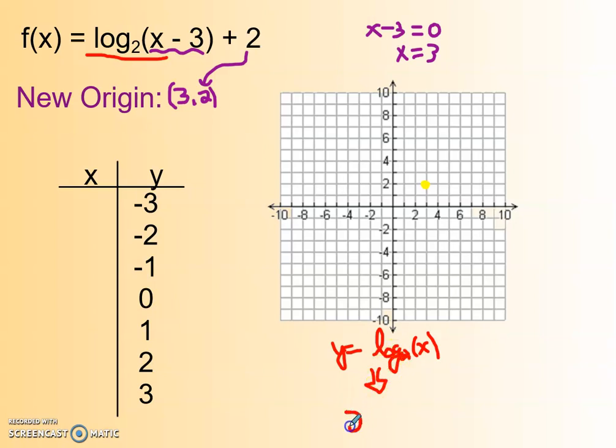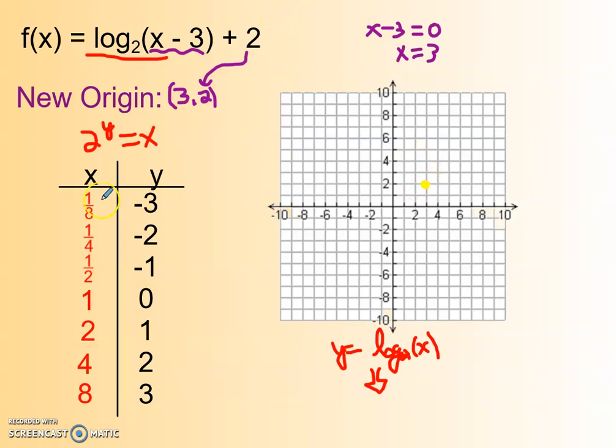The base is 2, the exponent would be y, and that's equal to x. And that is how I'm going to generate this table. I'm going to generate all these x values based on these starting y values. So I'm going to put those in, doing my math, and then from the new origin, I'm going to plot those movements.